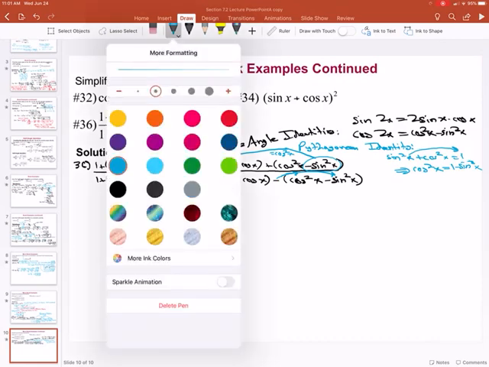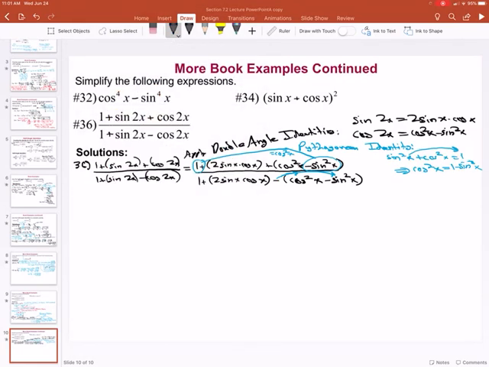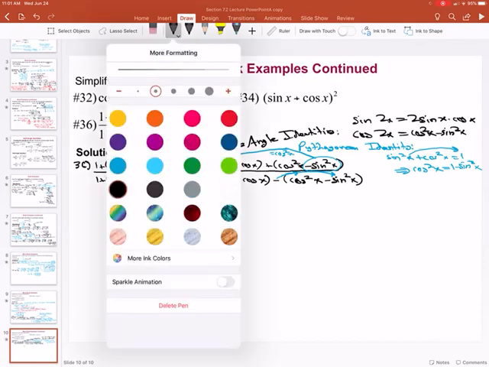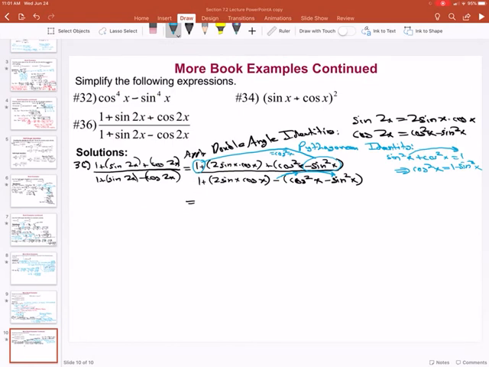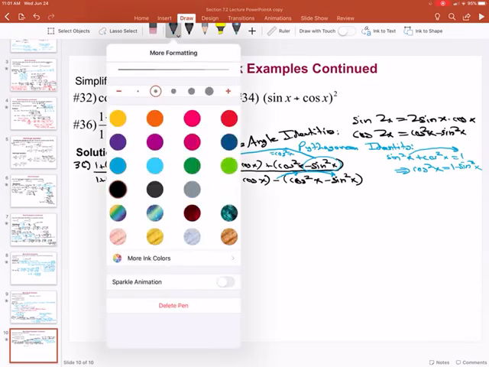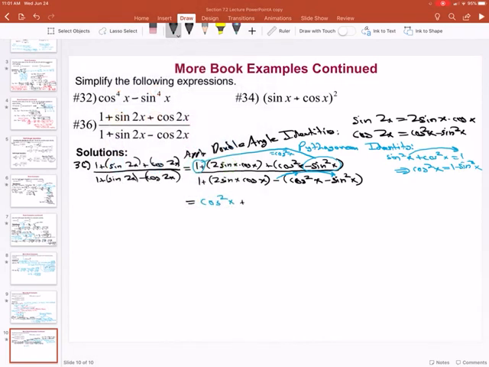So right here beneath it, let's start working on this. It's equal to, again, 1 minus sine squared, so I can replace those two terms with cosine squared x. And I've still got my plus 2 sine x cosine x, plus cosine squared x.